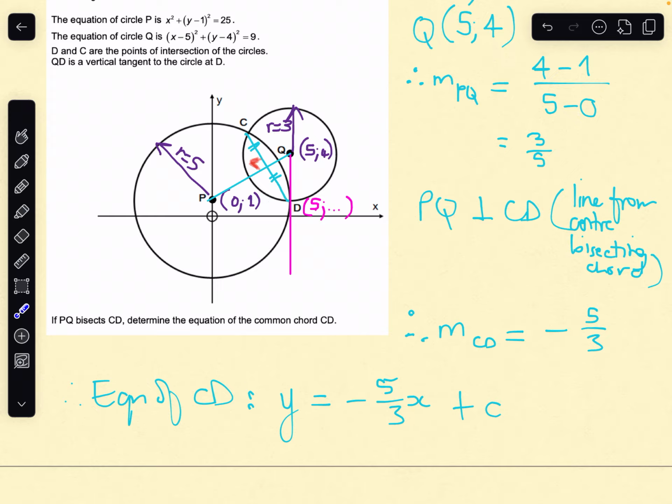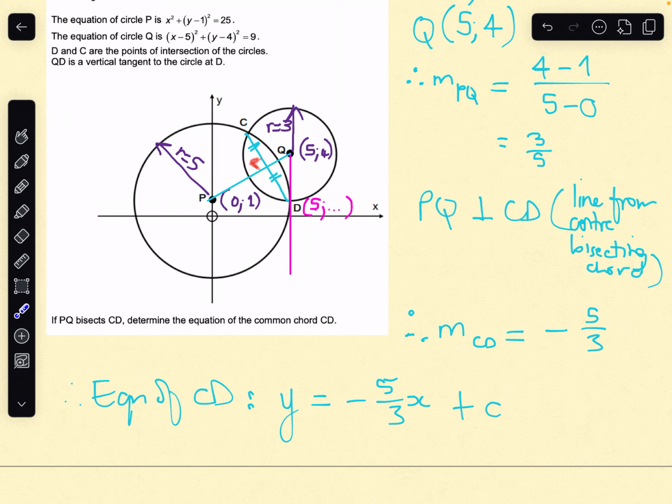Another possibility is to solve simultaneously here, right? To figure out the points of intersection of these two. And then we would know that the solution where x is equal to 5, those are the coordinates for D. So that's another possibility.